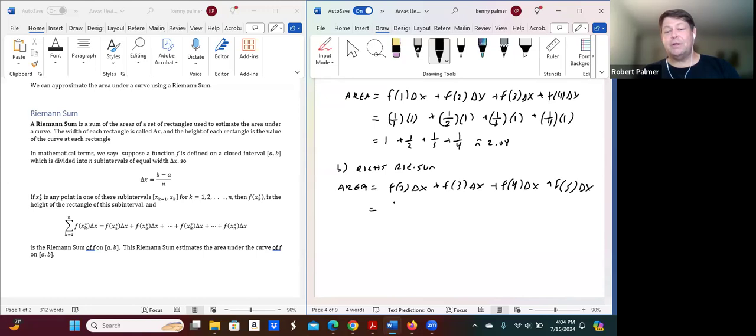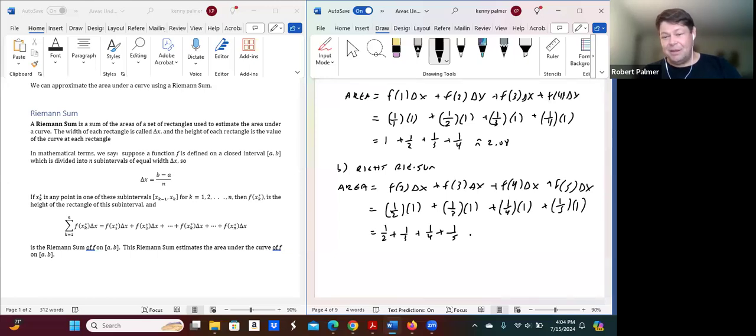Remember, the function is 1 over x, so 1/2 times 1 plus 1/3 times 1 plus 1/4 times 1 plus 1/5 times 1. Okay, and of course, that's just going to be 1/2 plus 1/3 plus 1/4 plus 1/5.